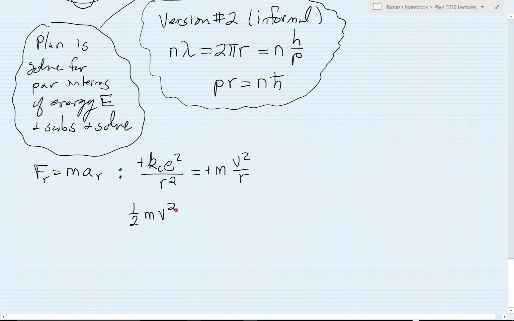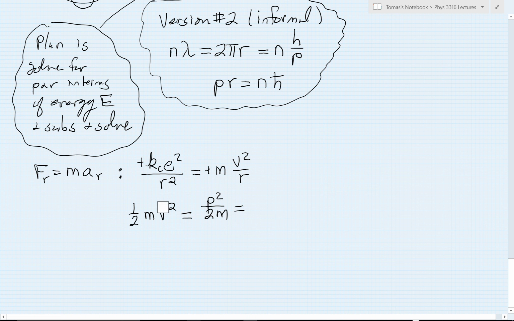And while we're at it, as we know, we want to think in terms of Hamiltonians. So 1/2 mv squared is also just p squared divided by 2m, which will be more useful for us because we want to relate momentum to energies. To turn the right side into 1/2 mv squared, I've multiplied by 1/2 and also multiplied by r.